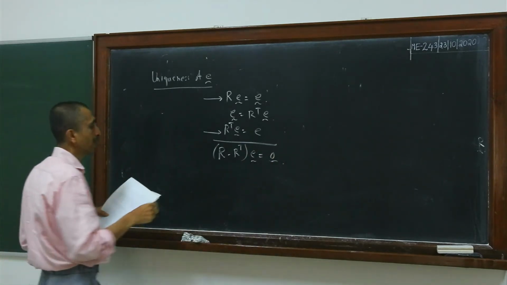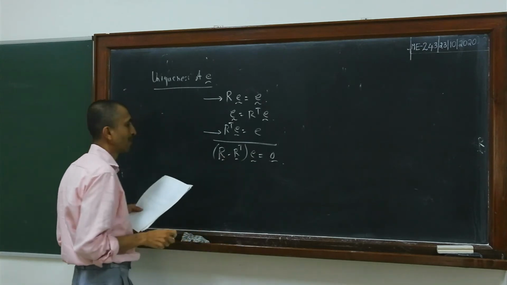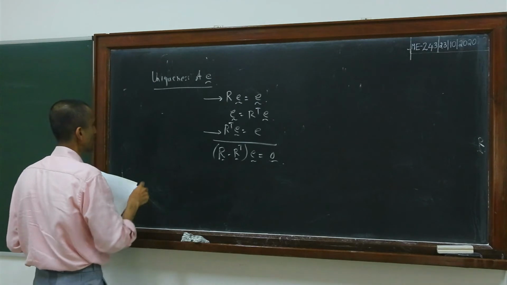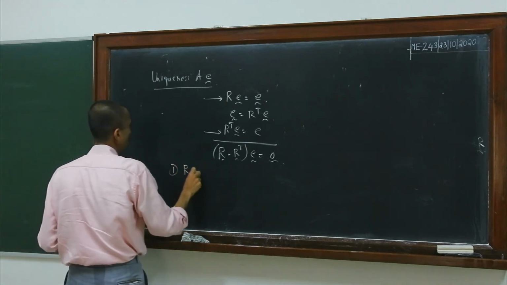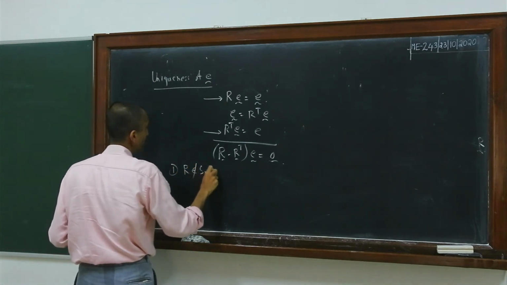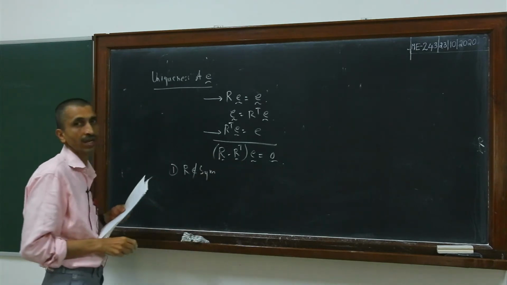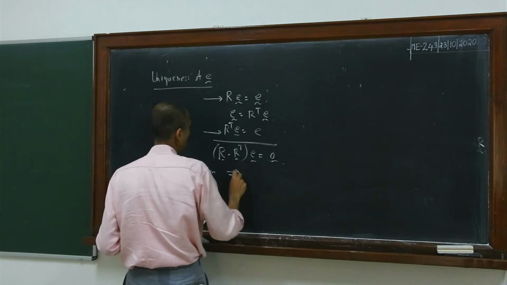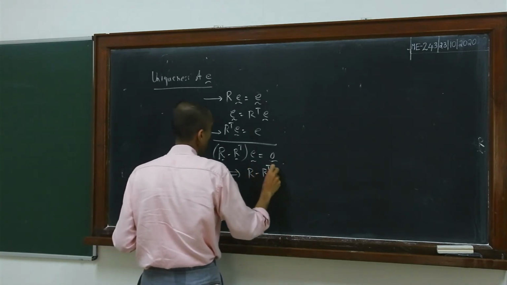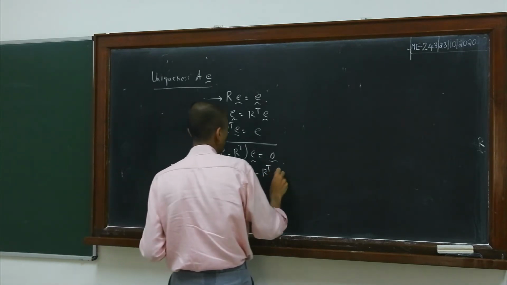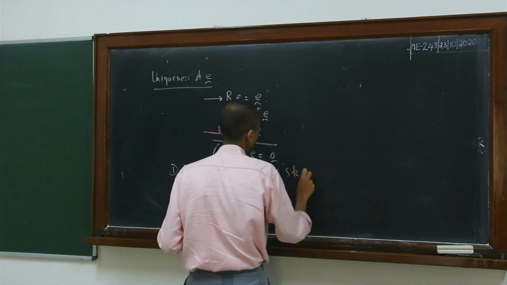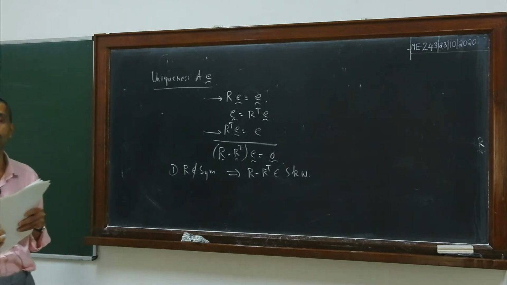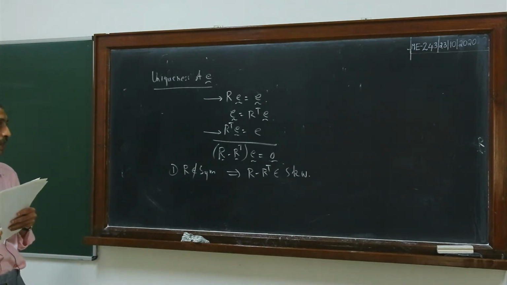Now let us take two cases. The first case is where R is not symmetric, so R does not belong to Sym. Then in that case, R minus R transpose is a skew-symmetric tensor. So this implies that R minus R transpose belongs to Q. And there we have seen that the axial vector of a skew-symmetric tensor is unique.